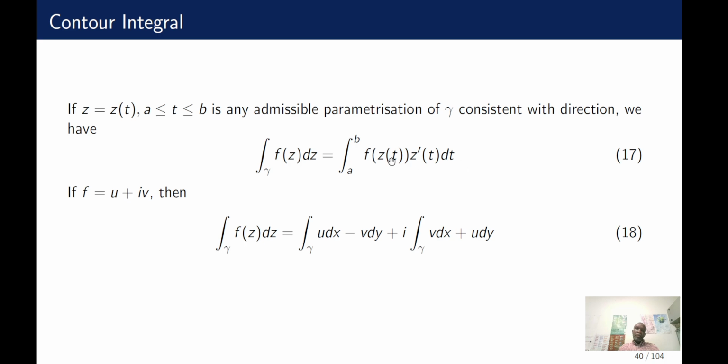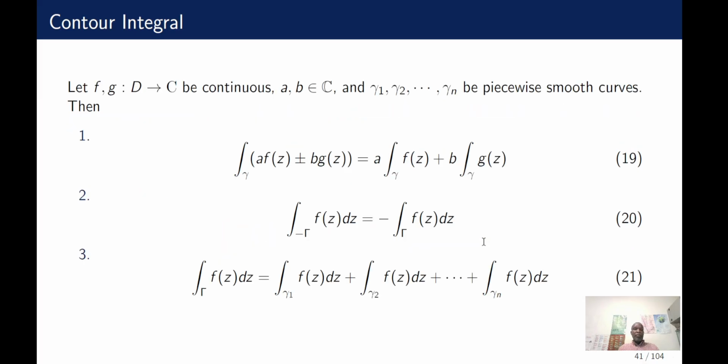If you substitute into this function, this being u plus iv, you end up with your integral having 4 components, 2 coming from this, 2 coming from there, and you multiply them out, and your integral will be this. So the integration becomes straightforward if you have a contour.